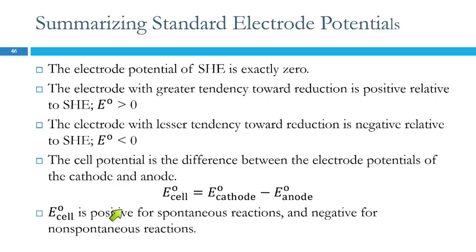Standard cell potential is positive for spontaneous reactions, negative for non-spontaneous reactions. So here, the sign convention with E is like entropy, right? A spontaneous change would be an increase in entropy. The spontaneous thing happening here is a positive cell potential.